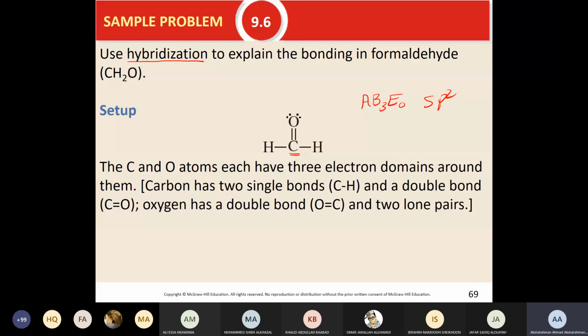Let's concentrate on oxygen. What's the electron domain of oxygen? AB1E2. What hybridization are we going to have? SP3, SP2? SP2. Yes, why? Because it's one with two only. I hope this is clear.